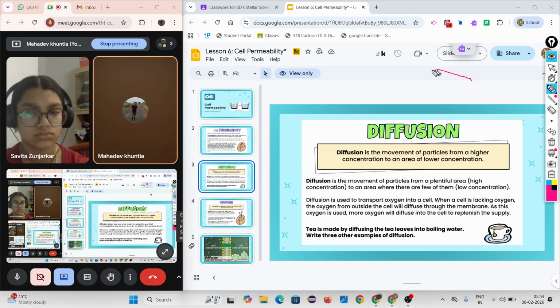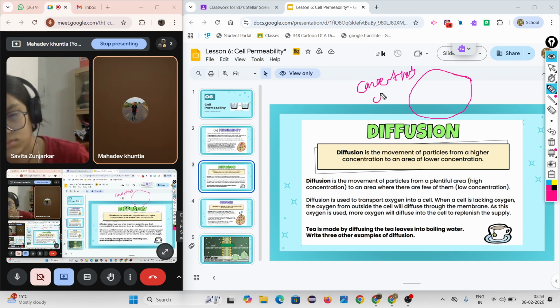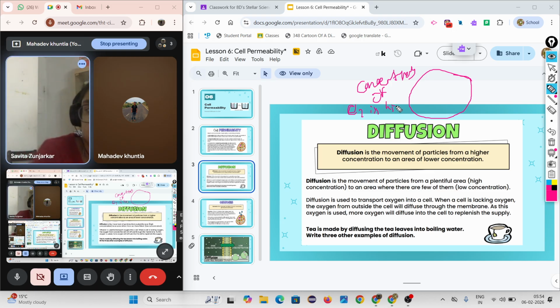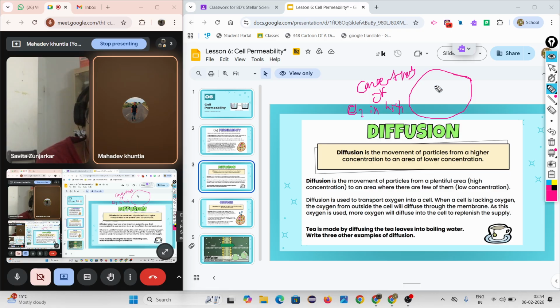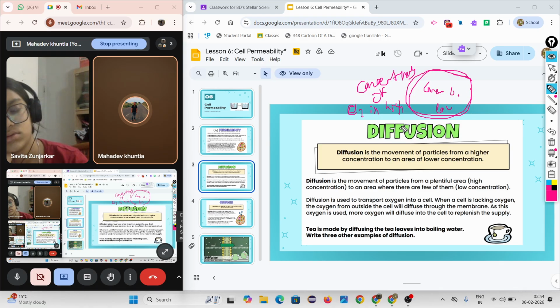Because the concentration of oxygen is high outside the cell, and inside the cell the concentration of oxygen is low now. Why is the concentration low inside the cell? Because the cell is using this oxygen. Then what will happen? Due to the diffusion process, this oxygen is coming from higher concentration to lower concentration.